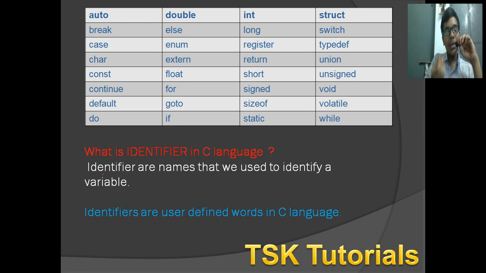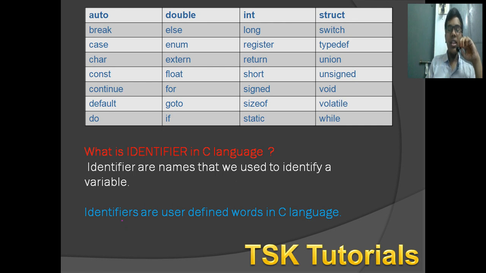A variable is the combination of the data type and the identifier. Identifiers are user-defined words in C language, like x1 or anything. The rules for these identifiers are nothing but the rules of the variables given in the previous session, part 1. You can go there and have a look.